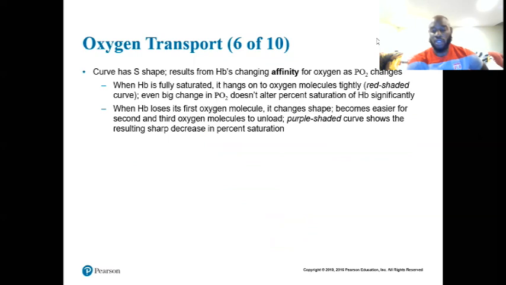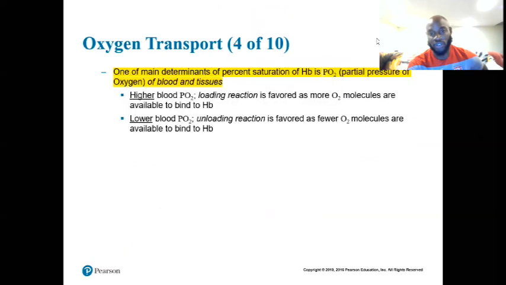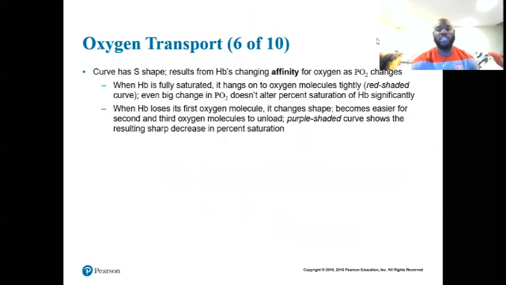And they're talking about this curve right here. This is the curve they're talking about, the oxygen hemoglobin dissociation curve, right? Just to make sure you understand that's what we're talking about. It has an S-shape, which results from hemoglobin's changing affinity for oxygen as your partial pressure of oxygen changes. So as your partial pressure of oxygen goes up, your percent saturation also goes up, right?